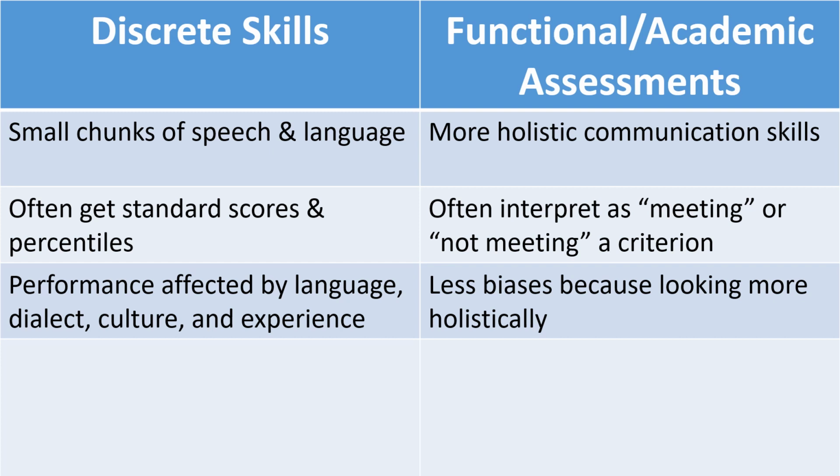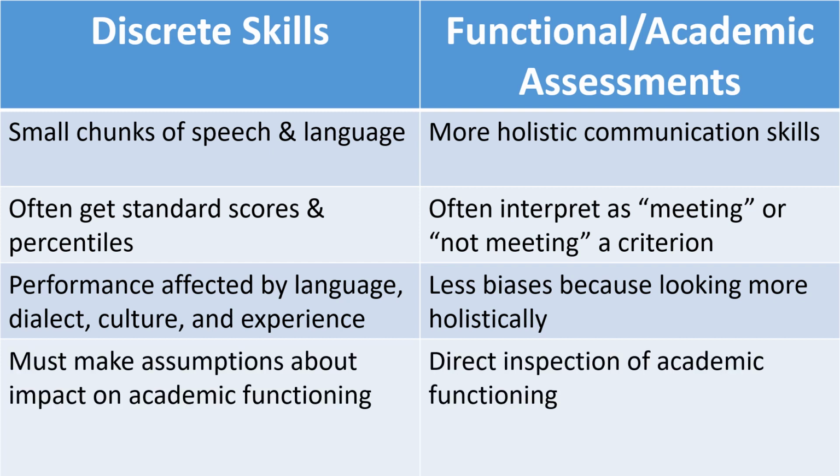Our more functional and academic assessments, while they can be biased, tend to be less biased because we're looking more at holistic communication skills that are more universal across languages, dialects, backgrounds, and different cultures. Finally, when looking at the discrete skills in isolation, we have to make assumptions about how a student's academic functioning is impacted.